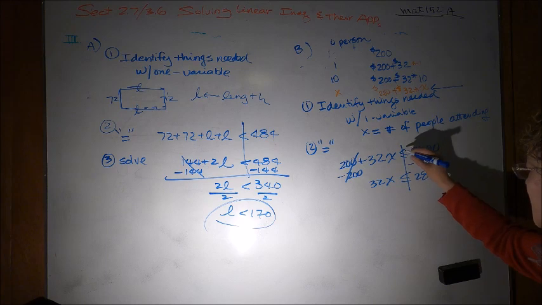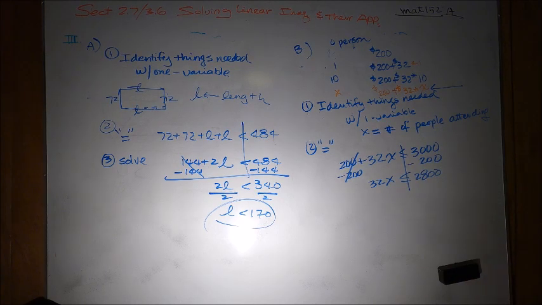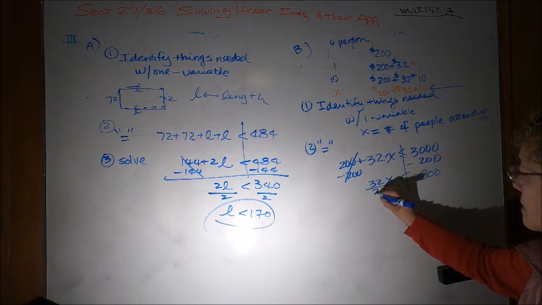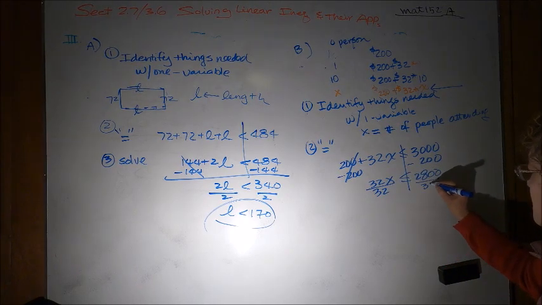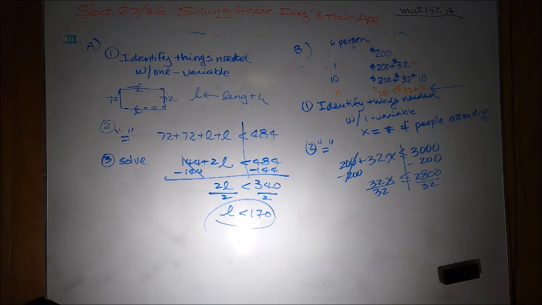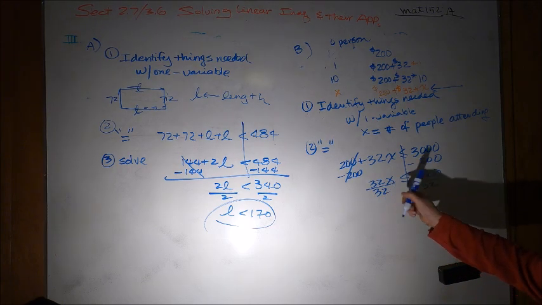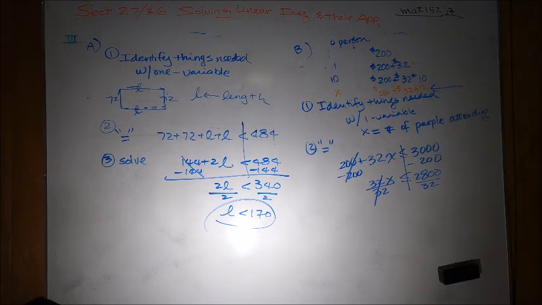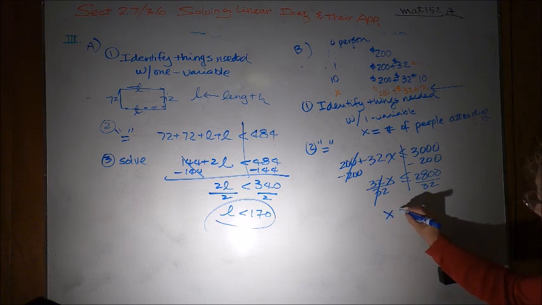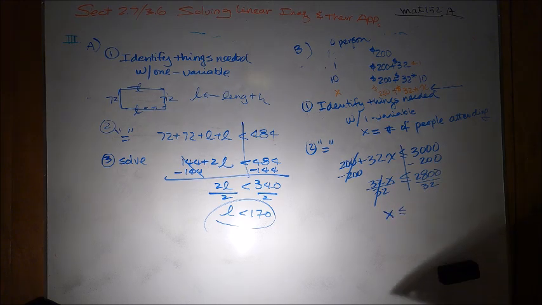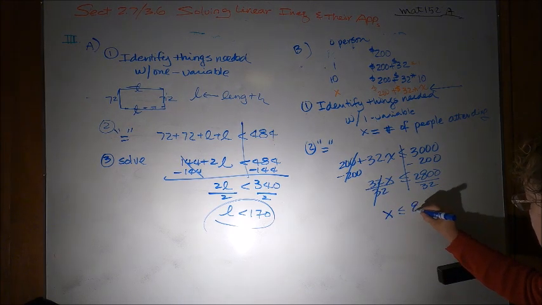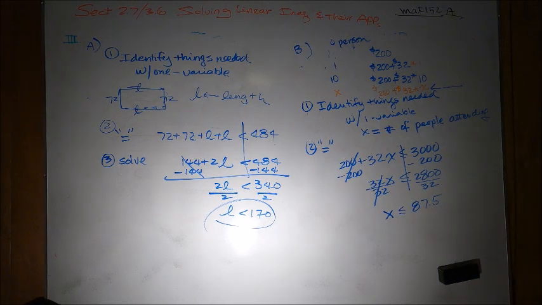Do we change the direction of the sign? No, because we are not multiplying or dividing by a negative number, just subtracting, okay? Then to get x by itself, we divide by 32. I just do this number for you, and that would be 87.5.